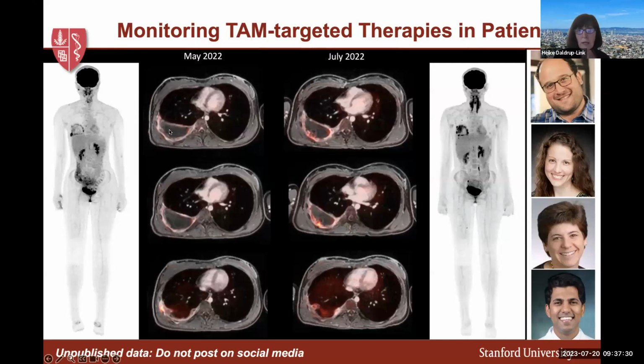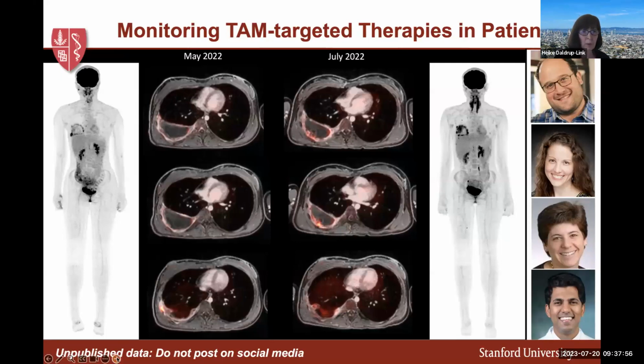It almost looks like this lesion is completely necrotic in the center. You then see a follow-up scan here after CD47 treatment, and you might see some increased FDG activity in the periphery of this lesion. But it's hard to tell if this is response or if this is progression of the tumor tissue.